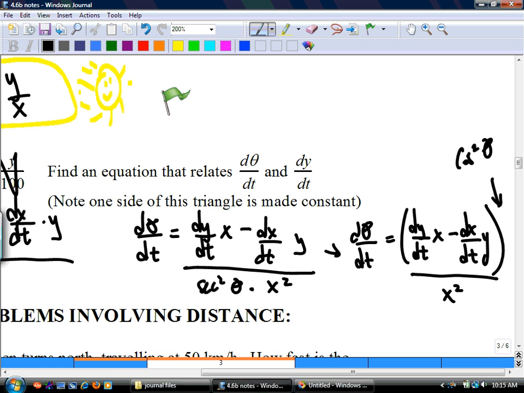So I tend to not use secant squared. I'll write it as cos squared.